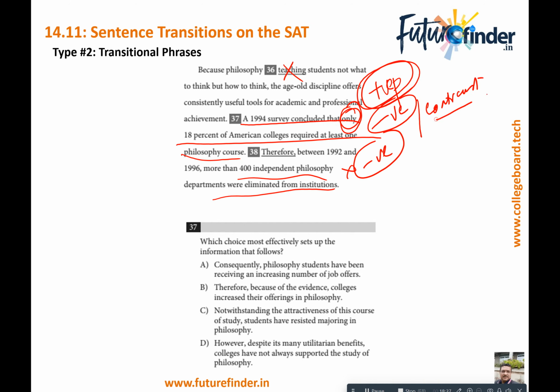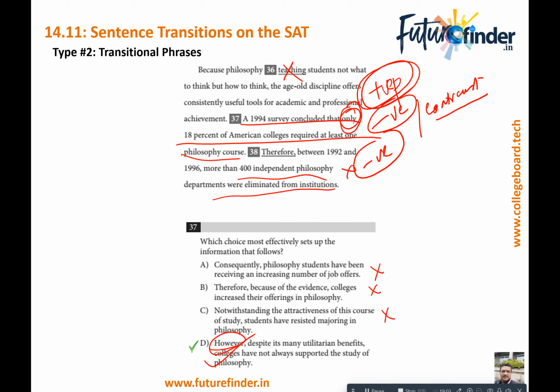We are finding a word or phrase that is contrasting. Let's look at 37. Consequently, philosophy students have been receiving an increasing number of job offers. That is positive, no. Therefore, no. Notwithstanding, no. The only word that we are left with is however, and that is probably the right answer for this one.